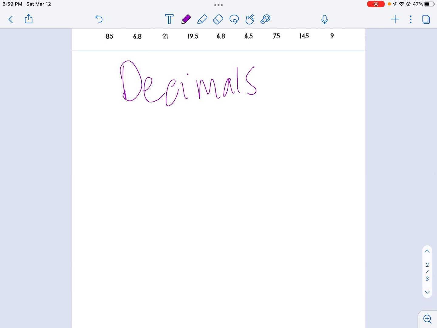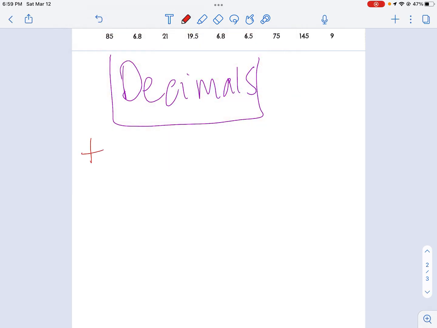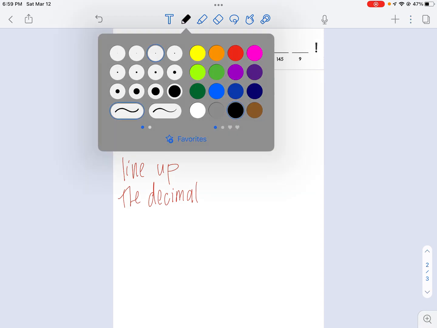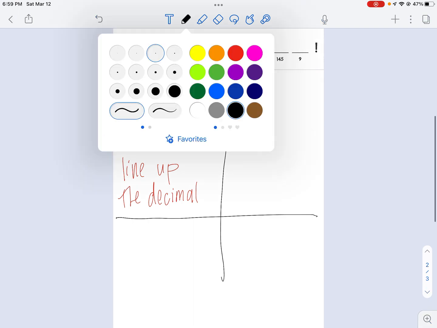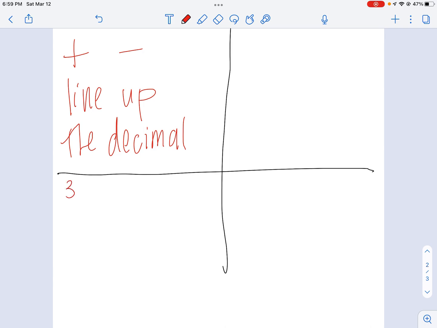So quick decimals review, if you forget. If you are adding or subtracting decimals, you have to line up the decimal. An example of that would be like if I had 36.6 plus 7, right?